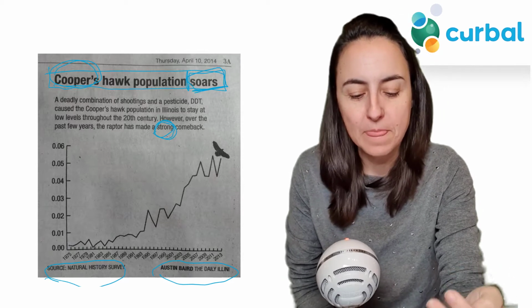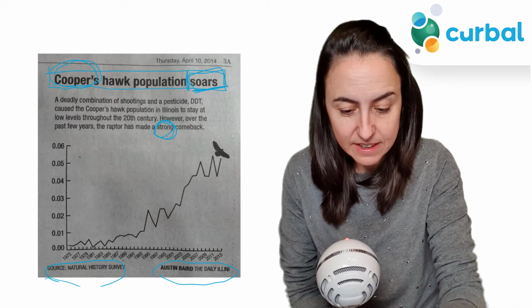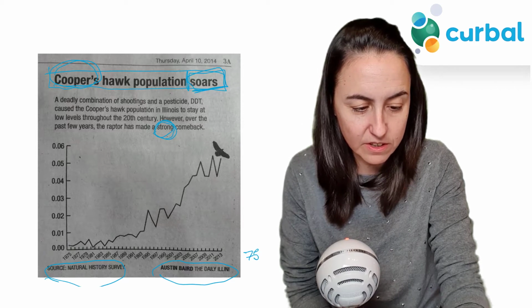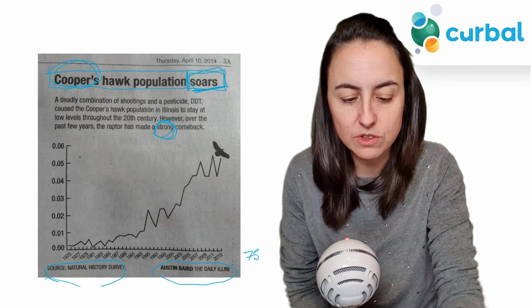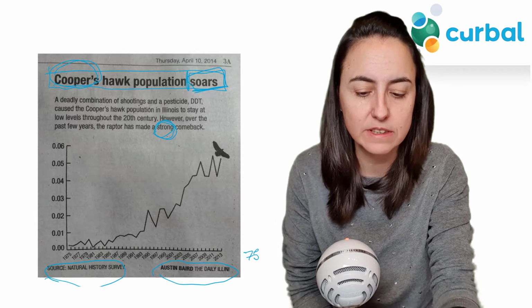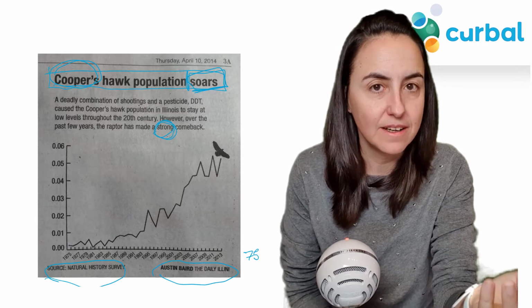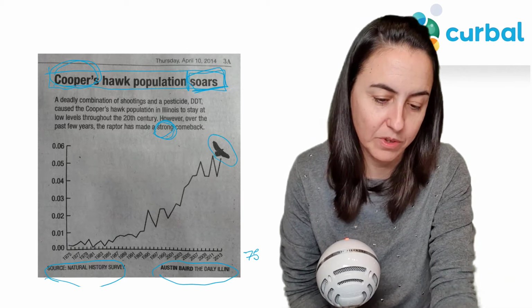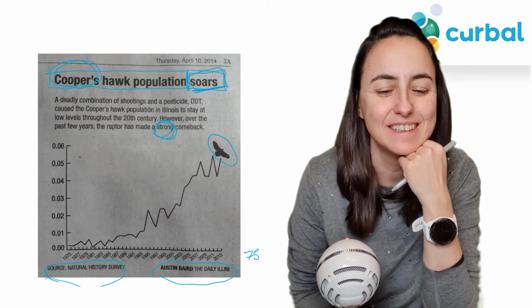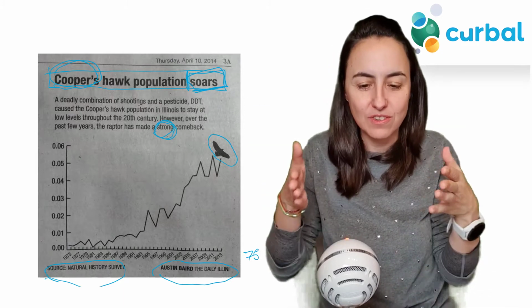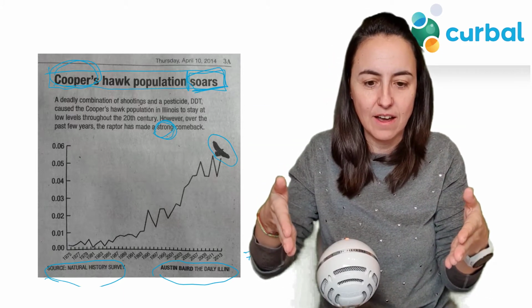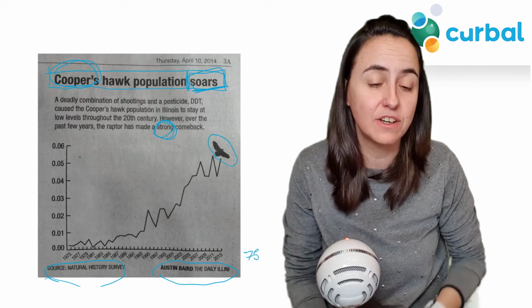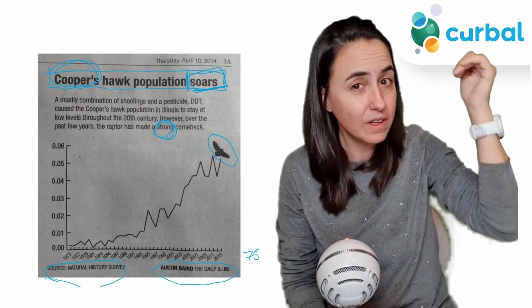Okay. Then if we go to the x-axis, it goes from 1975 to 2013. And here it goes from 0 to 0.06. A line chart to show growth is a good visualization type, in my opinion. And I think the bird looks quite cute. If you're looking at the newspaper, you will read the title and say, okay, the population has dramatically increased, and then you see a line chart pointing upwards with a bird.